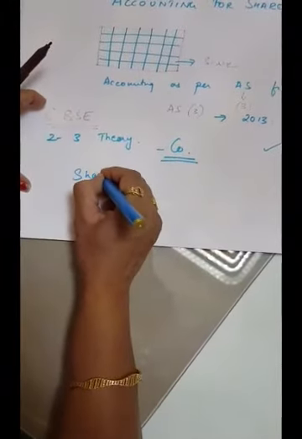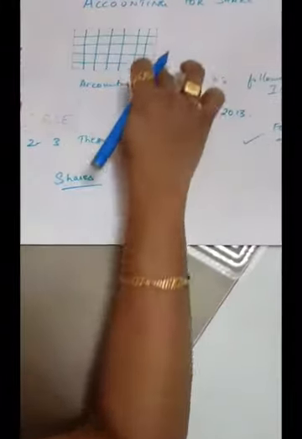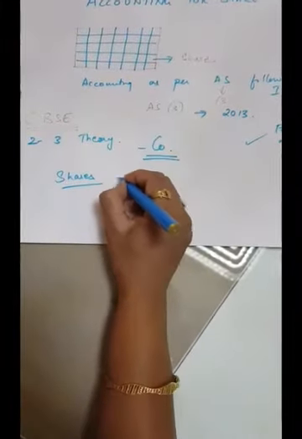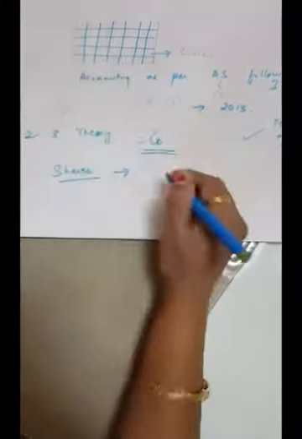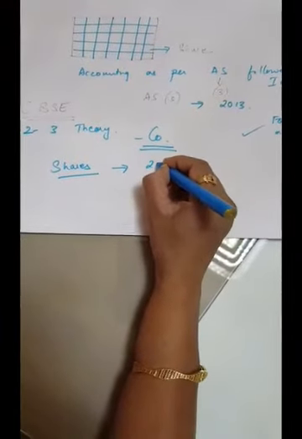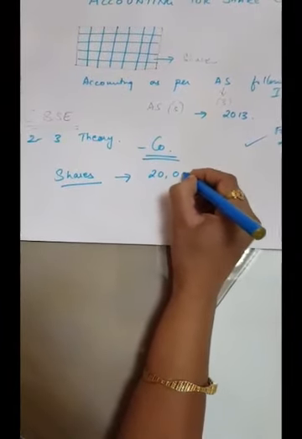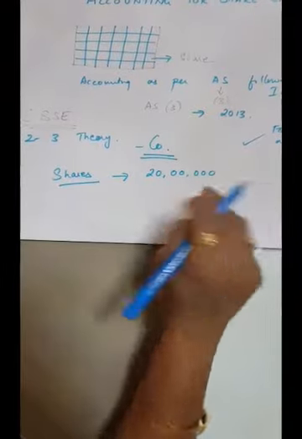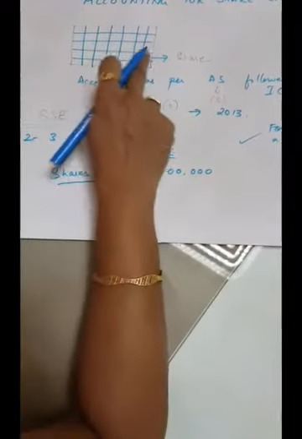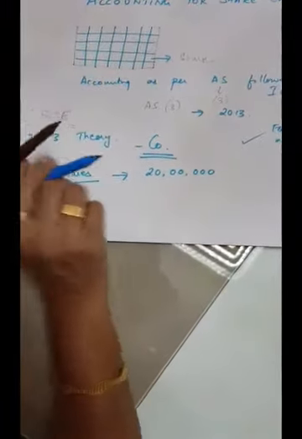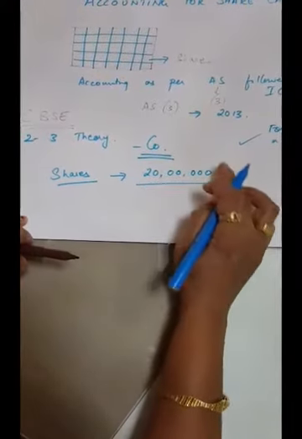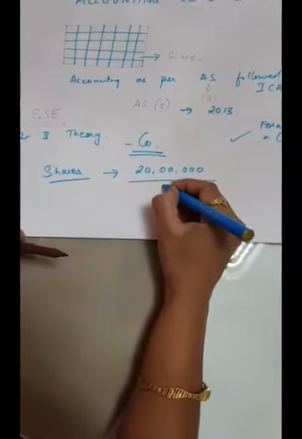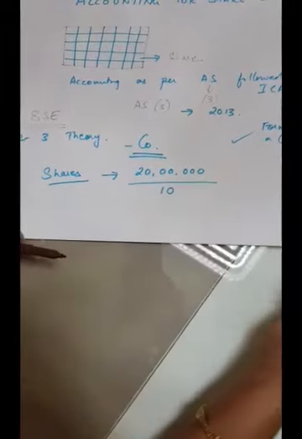Now coming to the shares. When we say this large capital of a business is divided into shares, let us say the capital of this particular business is 20 lakhs. Now when this business has 20 lakh rupees as capital and it is dividing it into smaller units, say every unit is of 10 rupees.